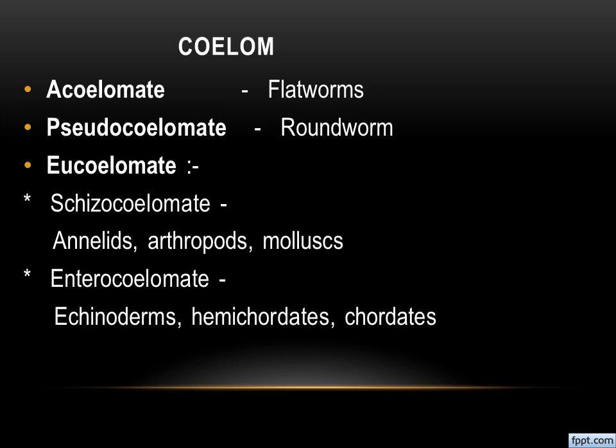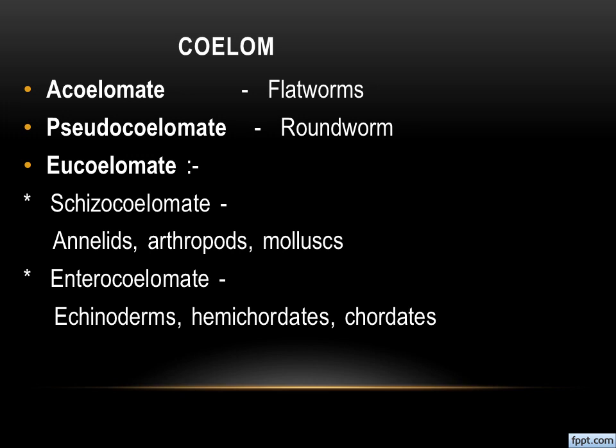The next one is pseudocoelomates. Pseudocoelomate means here they say coelom is there but it is not a real coelom, right? So the epithelial tissue of the mesodermal layer is formed as pouches. There is no specific cavity. The mesodermal layer is formed as a pouch.